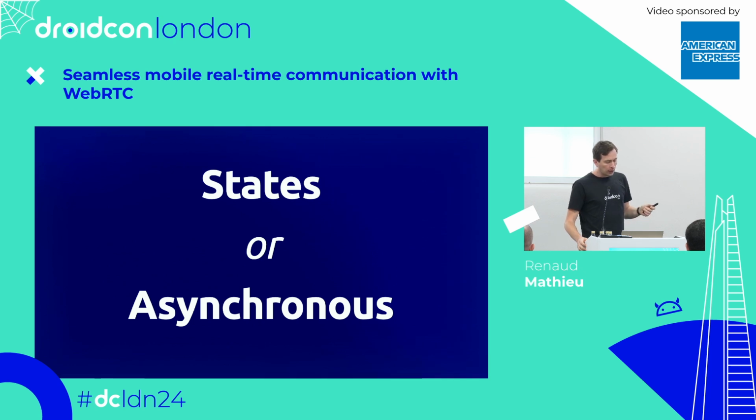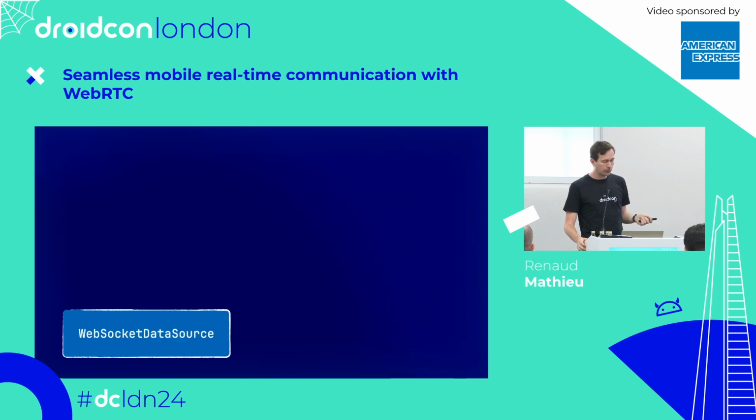So, in a classical Android architecture, I would recommend this. The WebSocket data source is in charge of communication with the signaling server, opening and closing the connection with the signaling server, and also can be used to maintain, we have seen that in Ktor, the ping connection to ensure that the connection is always open between my client, my Android application, and the signaling server.